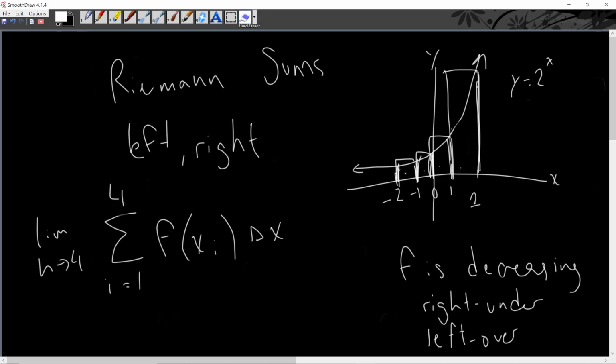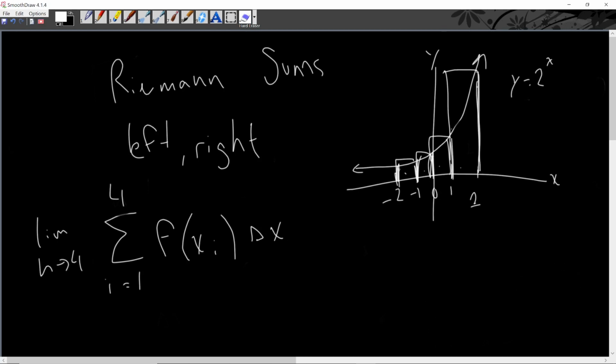Then from here, let's just plug in everything that we've been doing. So we're doing the right Riemann sums. Let's plug in y equals 2 to the power of 2, which is 4, y equals 2 to the power of 1, which is 2, and y equals 2 to the power of 0, which is 1.